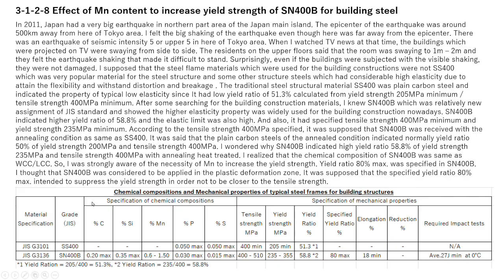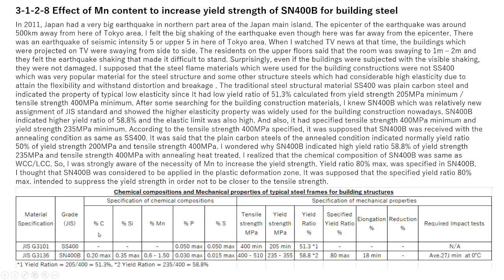So we look at the chemical composition and mechanical property for the building structure. SS400 material and SN400B, two materials assigned here. So the SS400 material specifies only chemical composition, phosphorus and sulfur only.